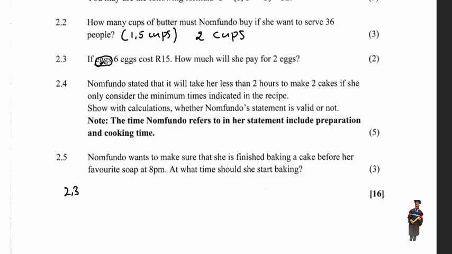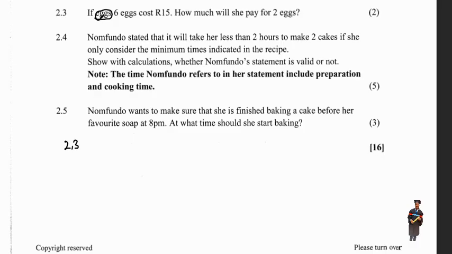Okay, if we want to determine the cost of each x, we simply take the total cost of 6x and divide by 6. Okay, 6x costs 15 rand. Now let's check the cost of each. 15 divided by 6 is actually 2.5.